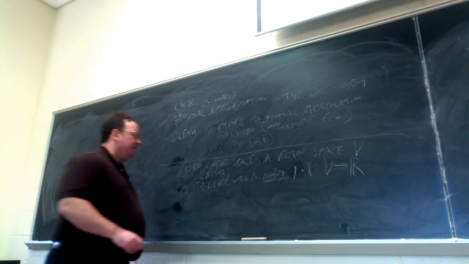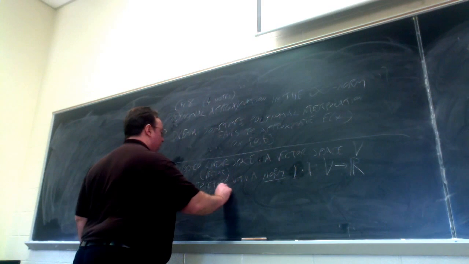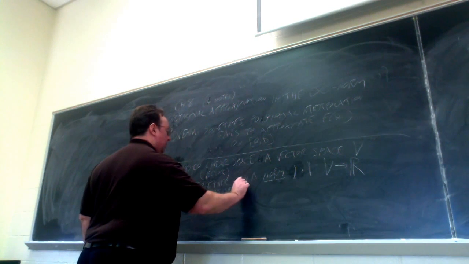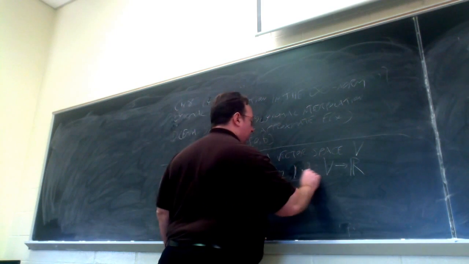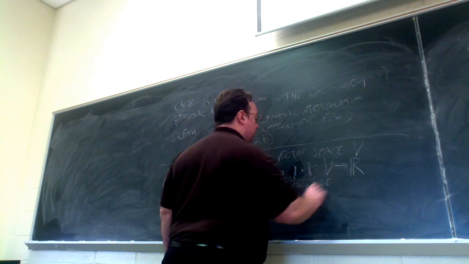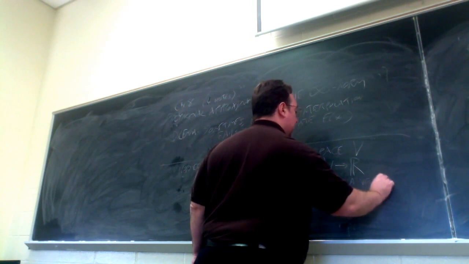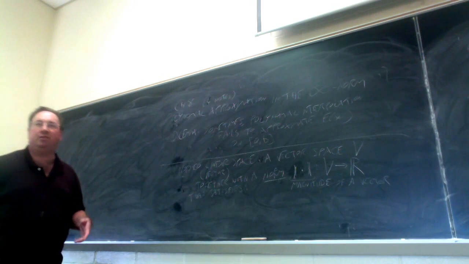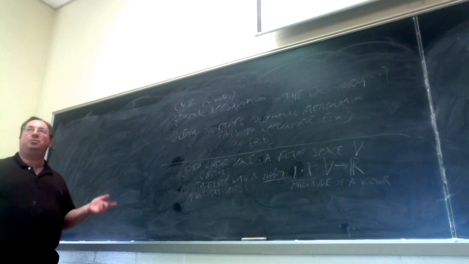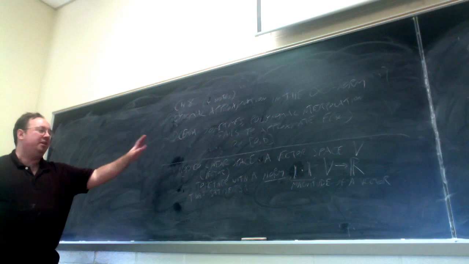And the norm has to satisfy these properties, because the norm is meant to give the magnitude of a vector. Now, not all vector spaces are normed spaces. For some vector spaces, you can't really define any sensible notion of magnitude. But if you can, then we call it a normed vector space.